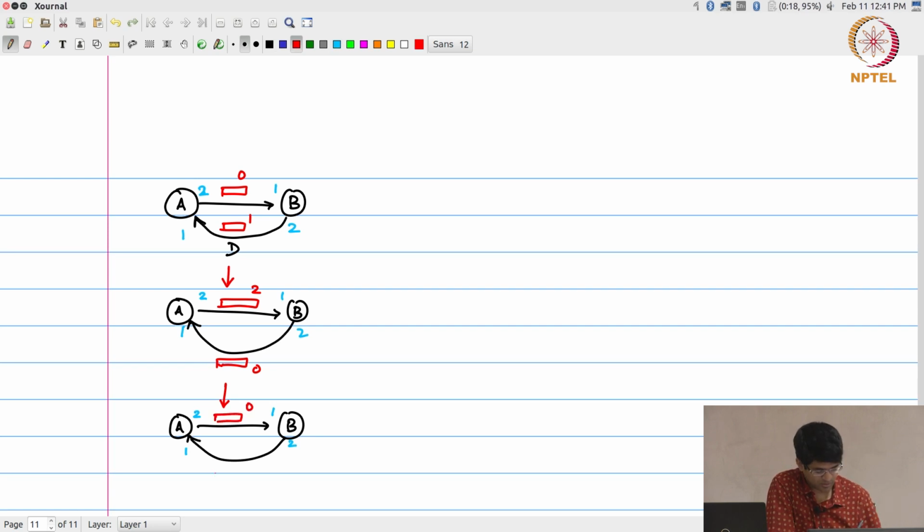This comes down to 0, this goes to 4. So now 4 tokens are sitting on the B to A FIFO, which means A can now execute 4 times.